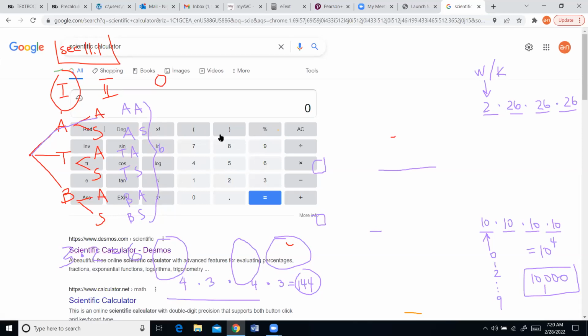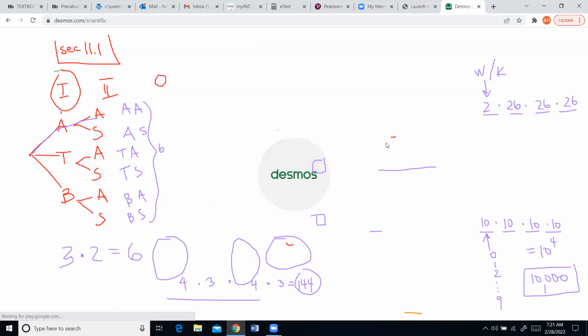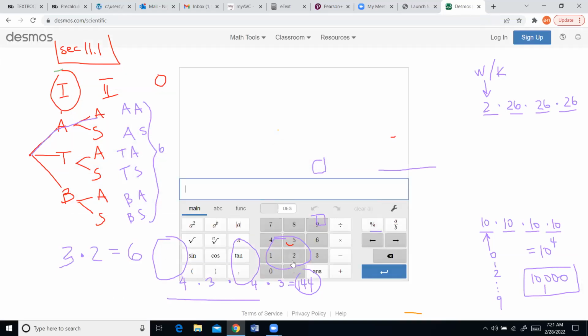I don't use the one that Google provides. It's not a very convenient calculator. But Desmos is the best because it shows everything that you're entering, so you can see if you mis-entered something, like if here you put 26, then you can see it. And then times again 26. And there we have it.